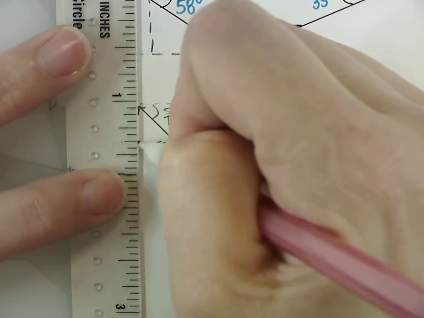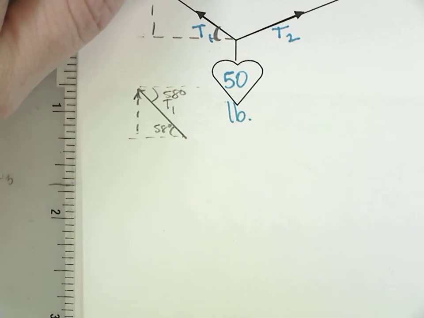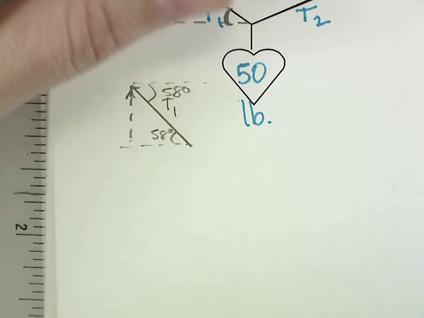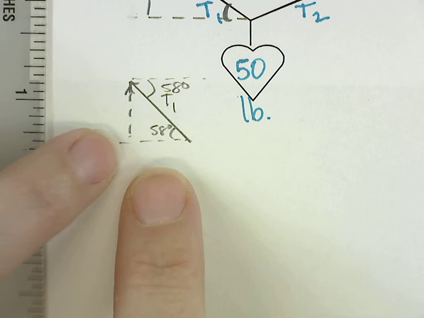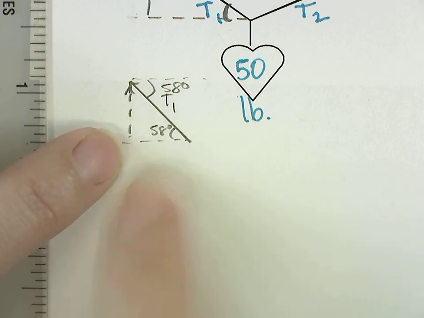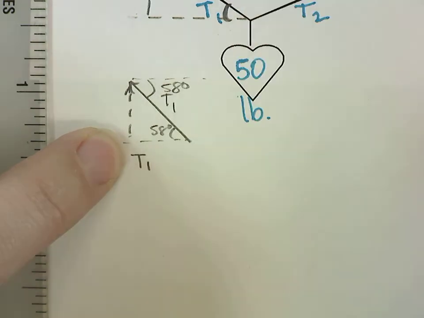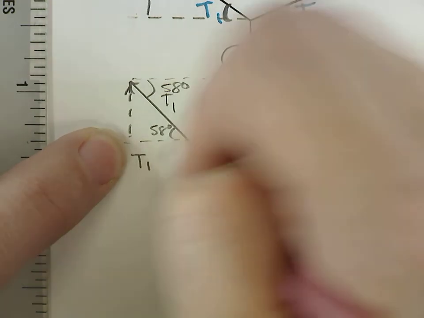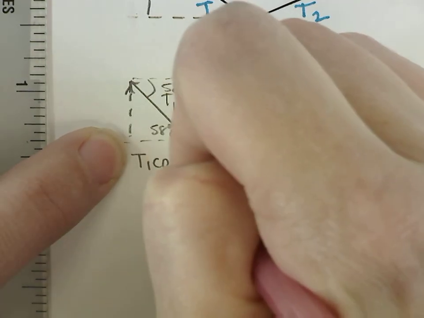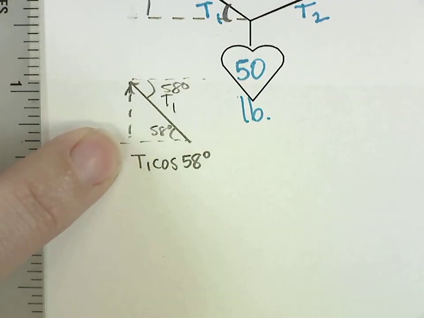Okay, so I want you to understand that what we're doing is drawing the horizontal component and the vertical component. Now if I look at this, my horizontal component is going to be the magnitude, and my magnitude is just the T1 tension multiplied by the cosine of 58 degrees. That's my horizontal component. Do you know what the vertical component is?